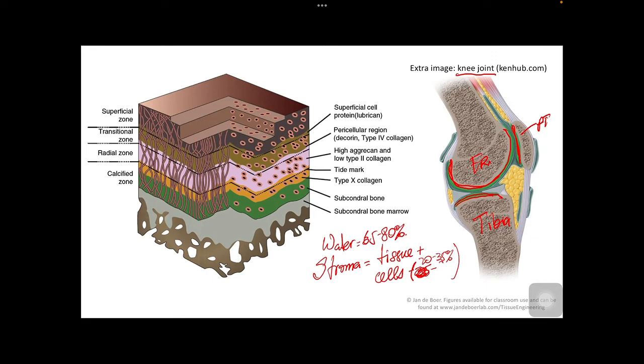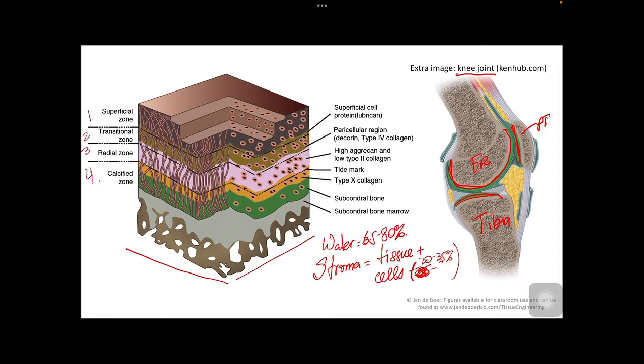It's very important to understand that if you take a cross section of the cartilage, like a plug of the cartilage, which is this nice cube, you will see that you have 4 different zones: 1, 2, 3, and 4.